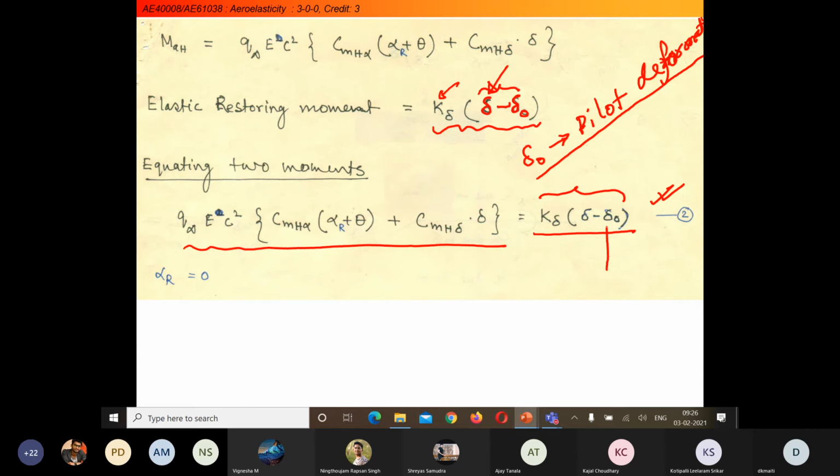Because this is the pilot demand. Pilot is demanding this deflection. However, due to flexibility of the control surface, it will not have that deflection, so I have considered the actual deflection to be this.